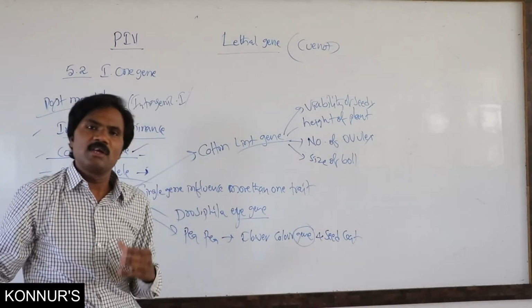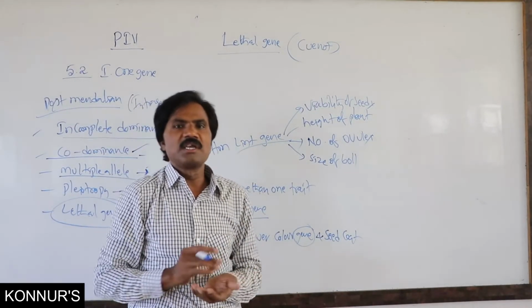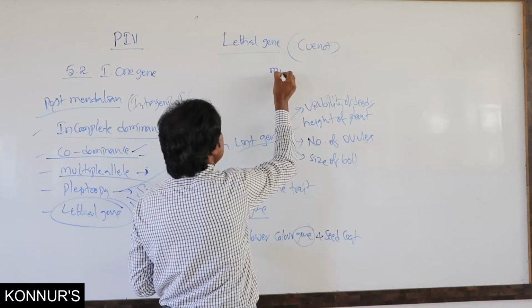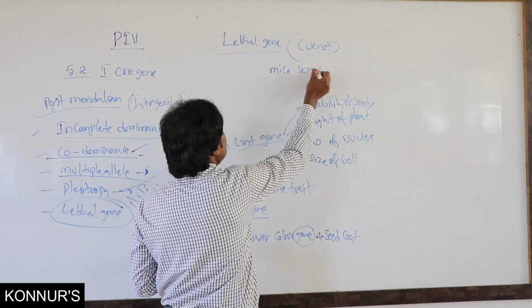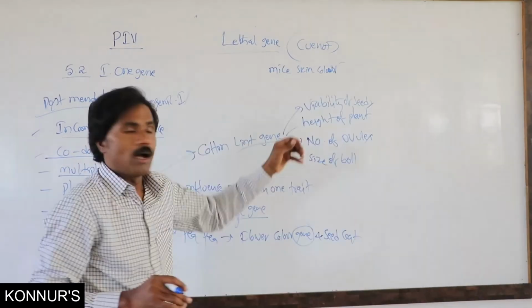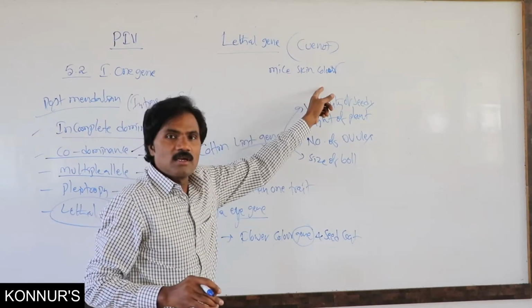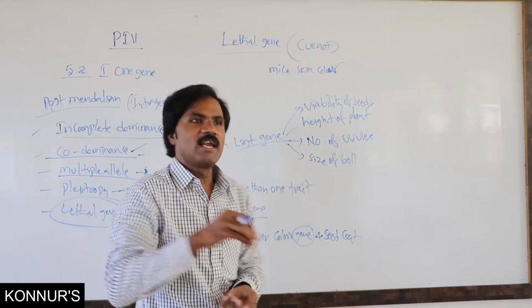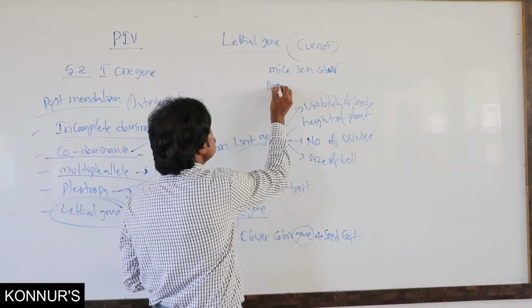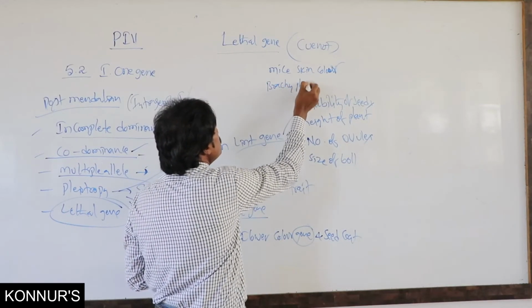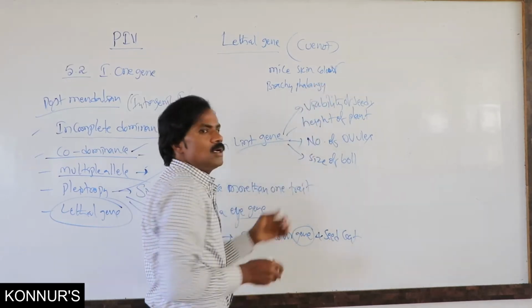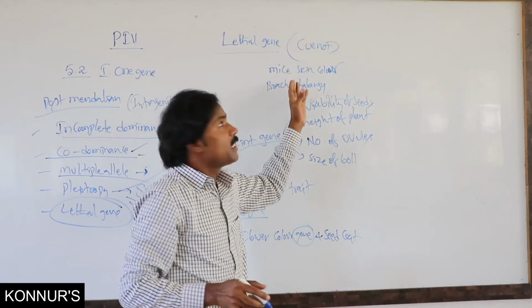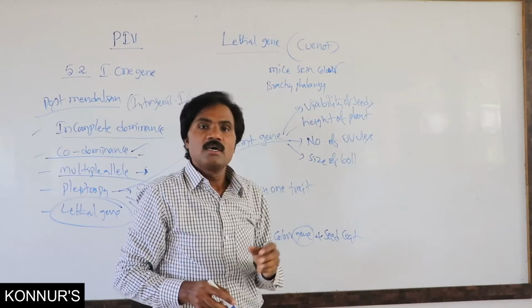Scientists explained this in mice, with skin color. Along with mice skin color, in human beings, brachyphalangy is a dominant lethal gene.